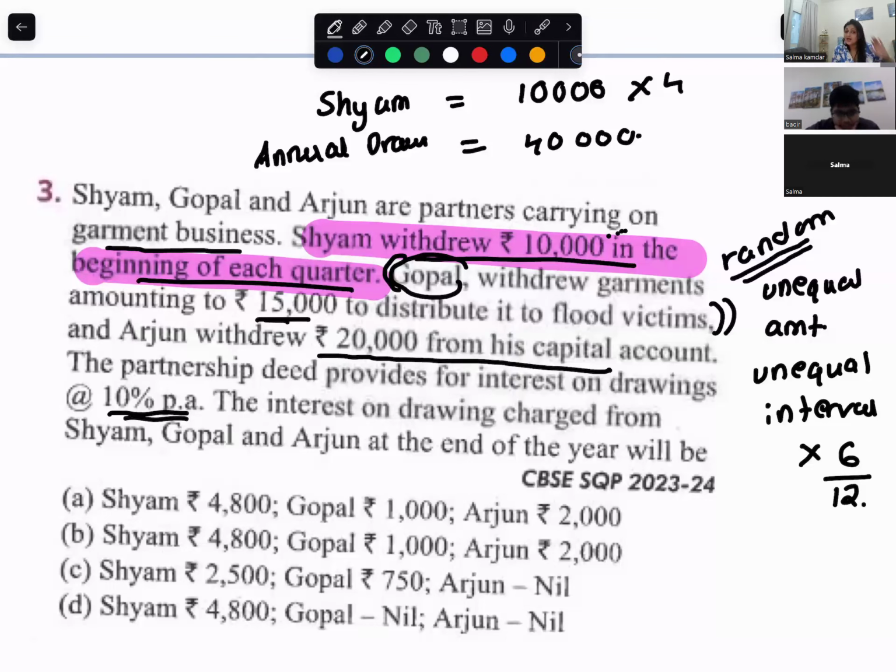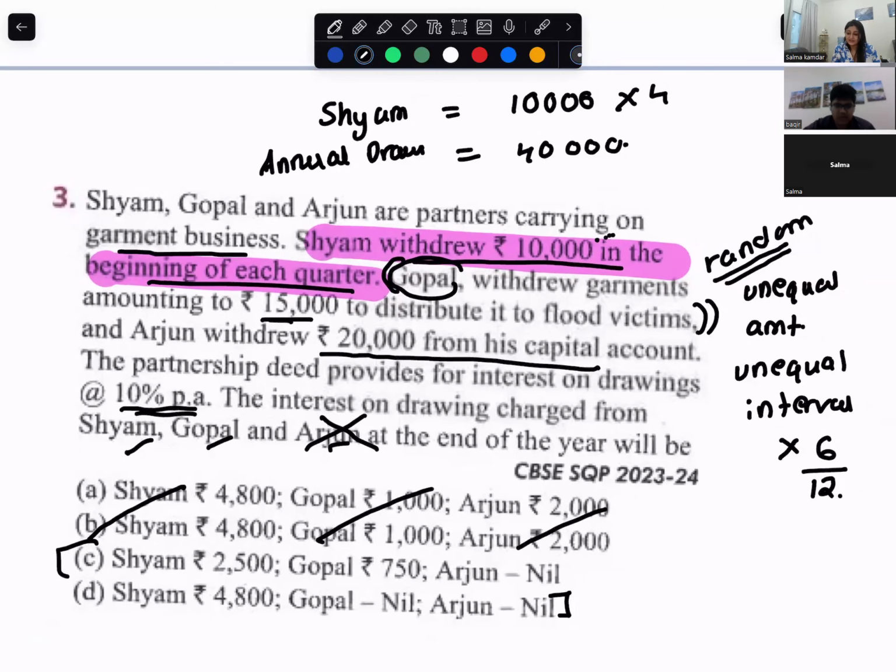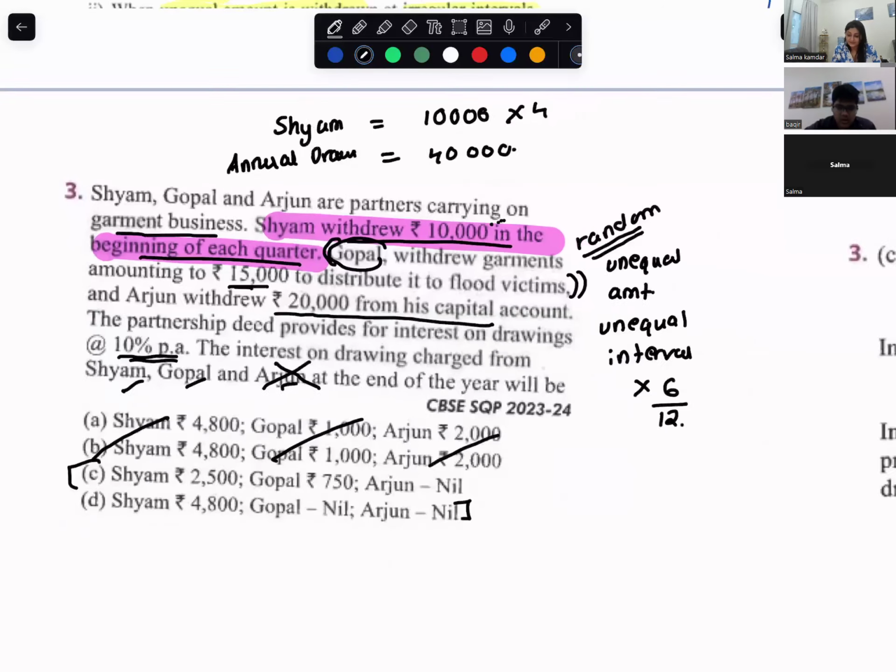Interest on drawings is charged from Shyam, Gopal, and Arjun. For Arjun, there is no interest on drawings because he has taken away his capital. Are you with me? Yes, ma'am. So we can have option C or D, any one. Calculate the interest on drawings.